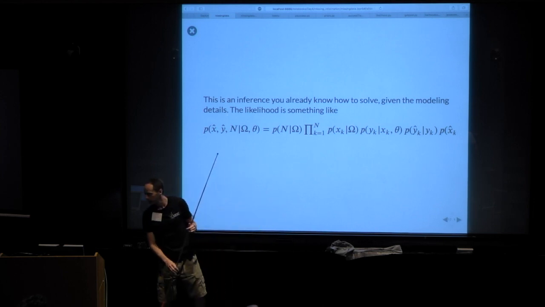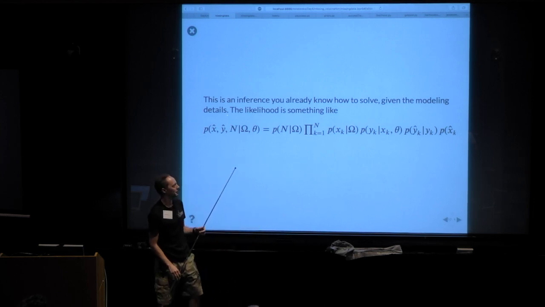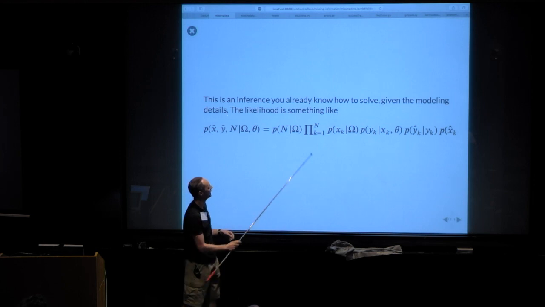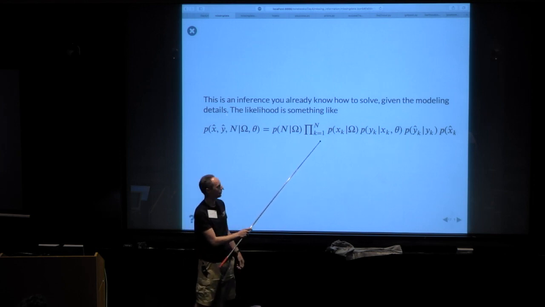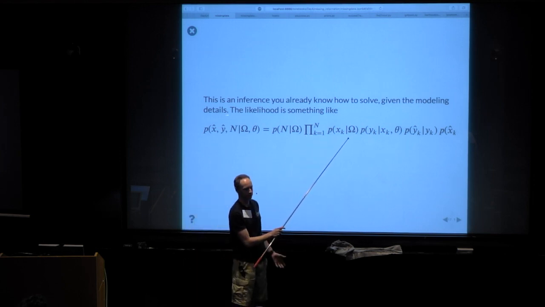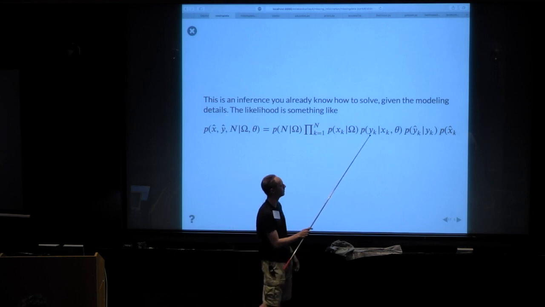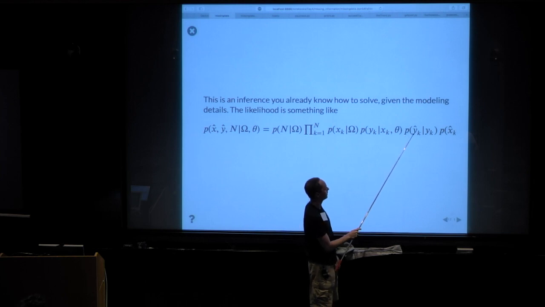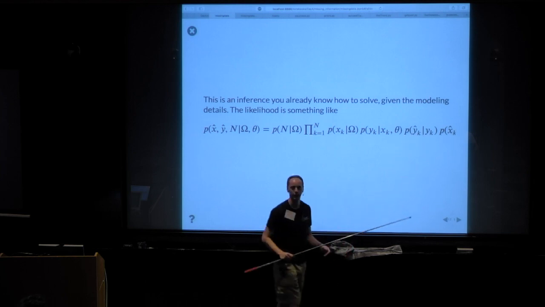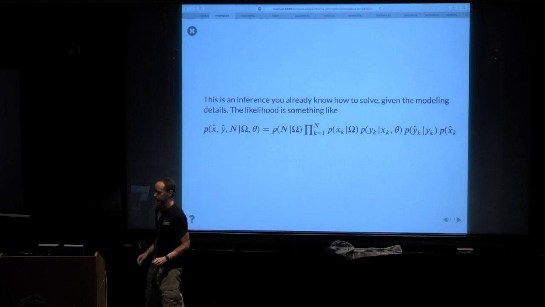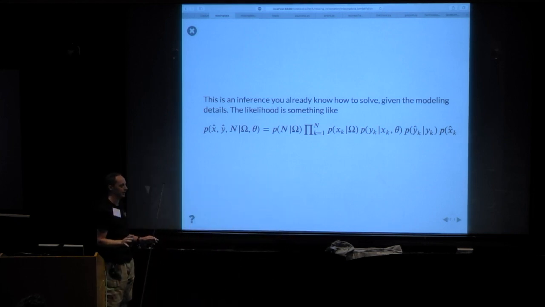So product over all of our data points, there's a p of x given its prior, p of true y given its prior and x, and then measured y given true y, measured x given true x. That's the only thing missing there. So this is by now totally familiar, and we're all happy with it, right? Or are there questions? Because if there are questions on this, we should not let them fester.